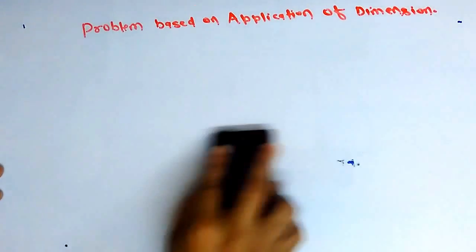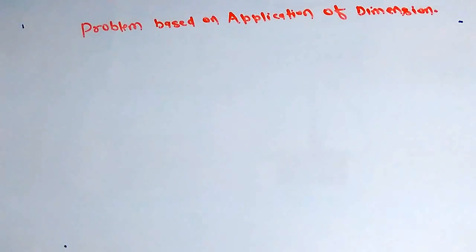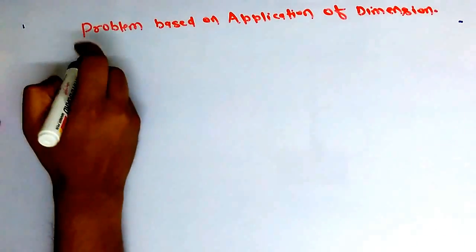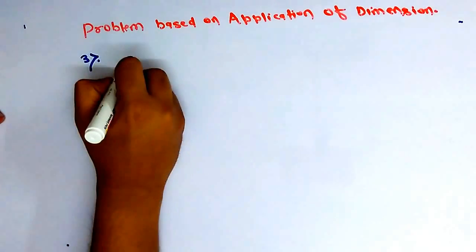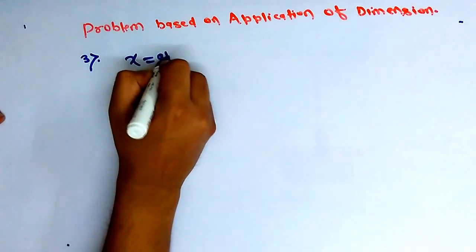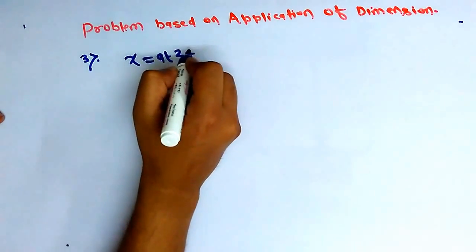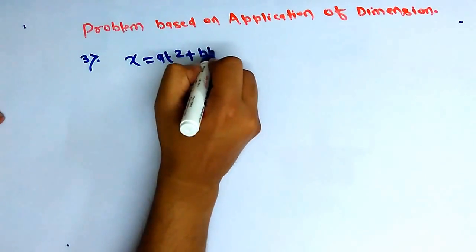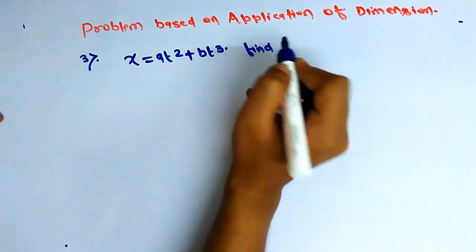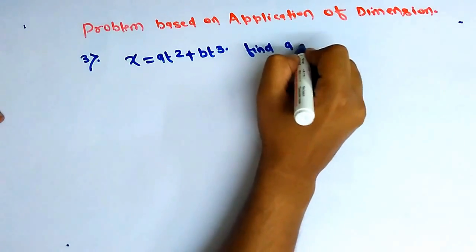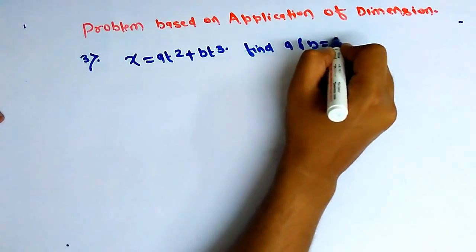Now let's see problem number 3. It is given that x equals a t square plus b t cube. Now you have to find a and b.